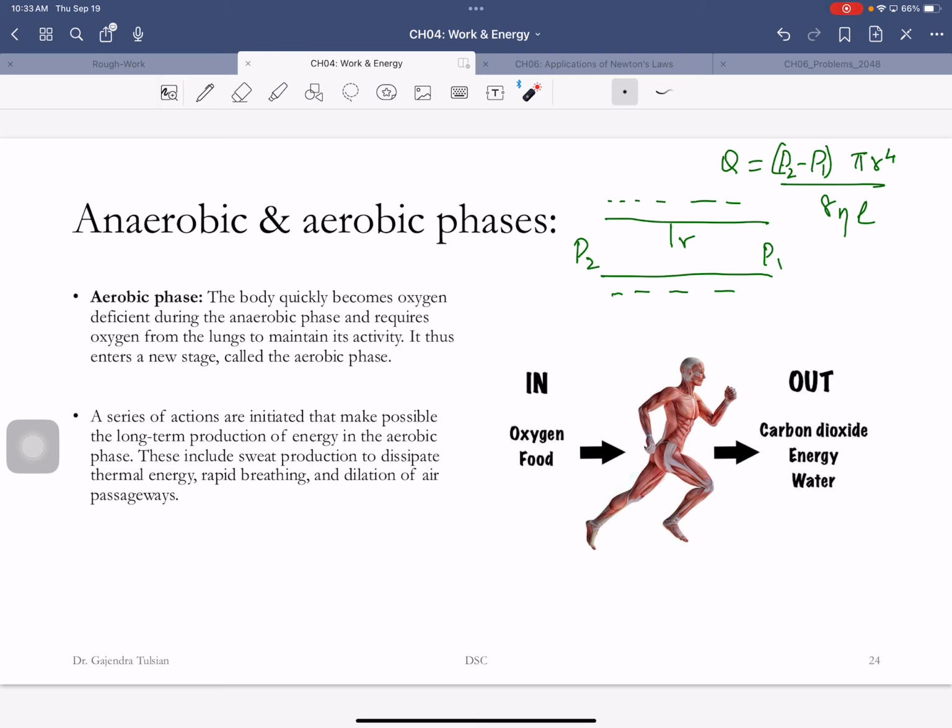Okay? You want to bring in more air, just dilate your breathing passages. Okay? And so on. When you eat a meal, your blood flow to your digestive system increases by a factor of 5, and that's how it's done. Okay.